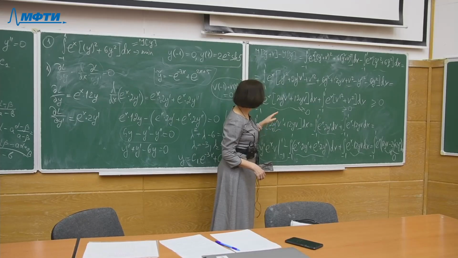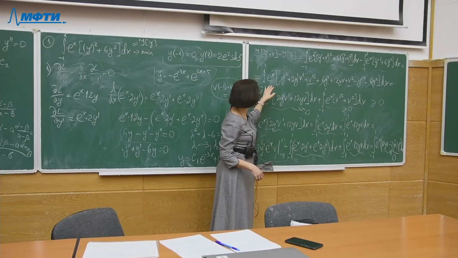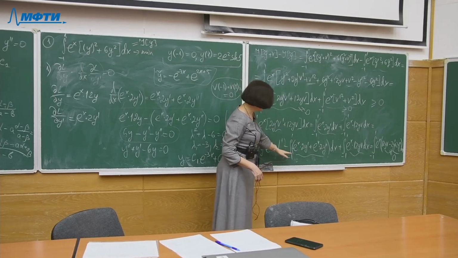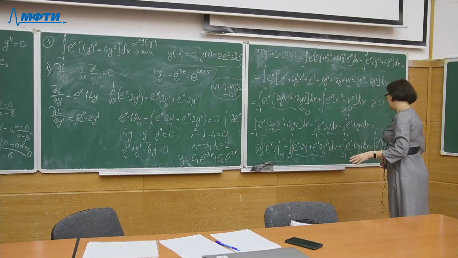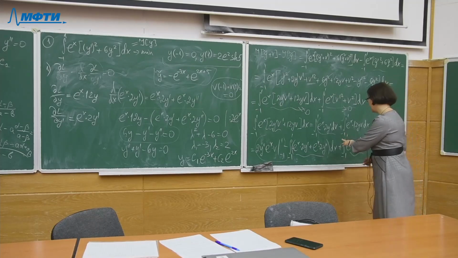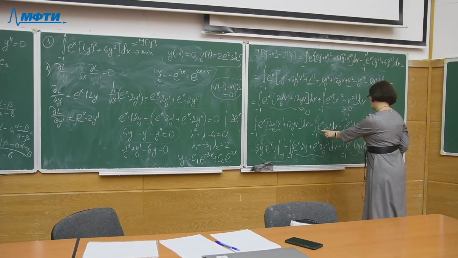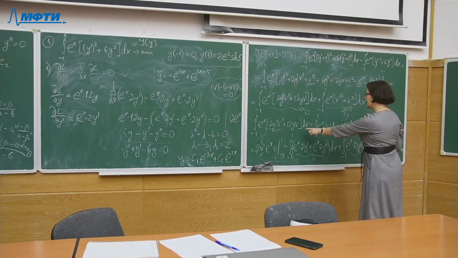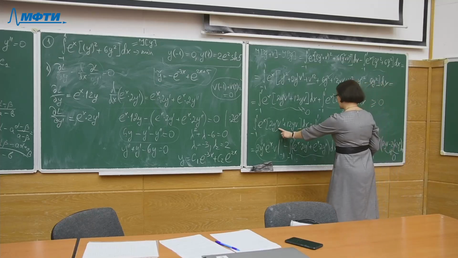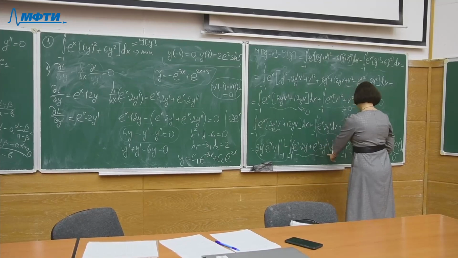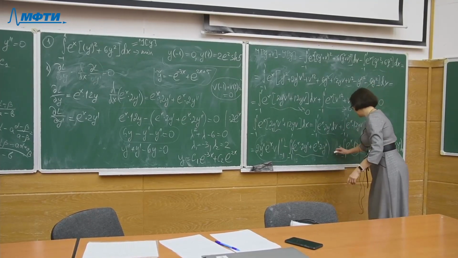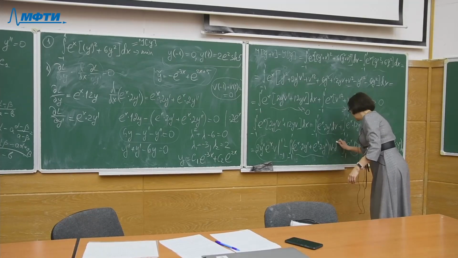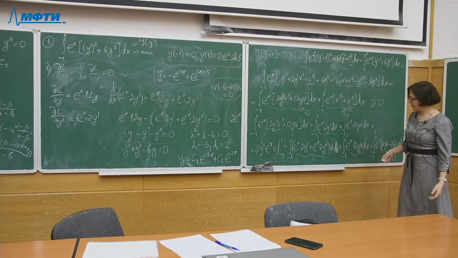Where is dv? It must be multiplied by v, because this is the formula of integration by parts.